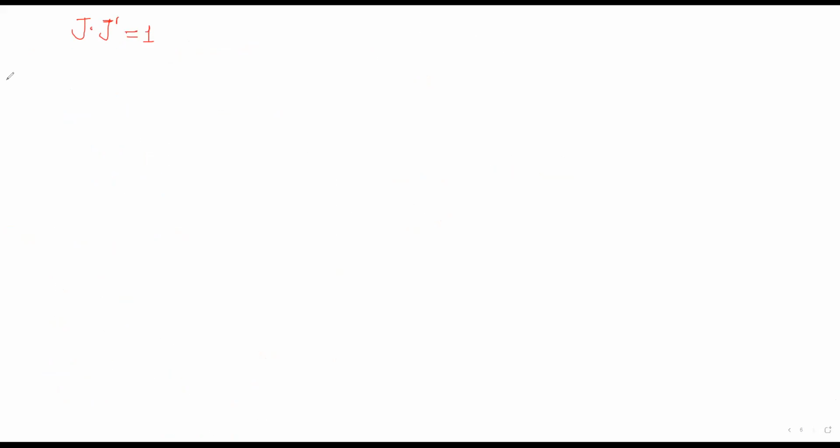So here, first example, show that J J dash is equal to 1 for u is equal to x square and v is equal to y square.